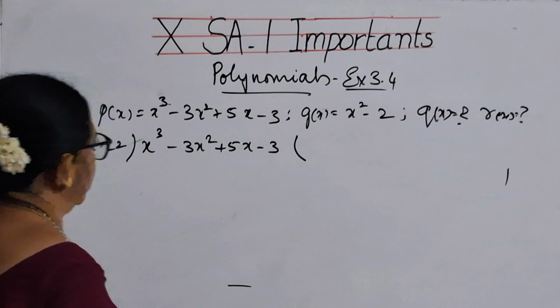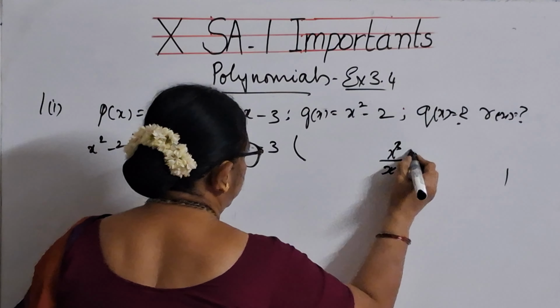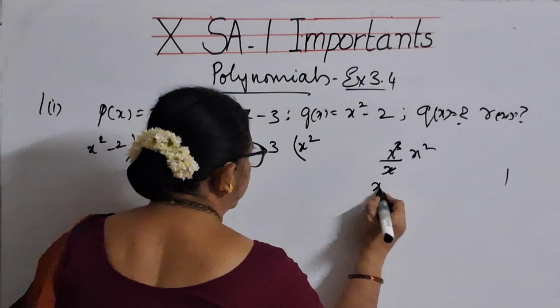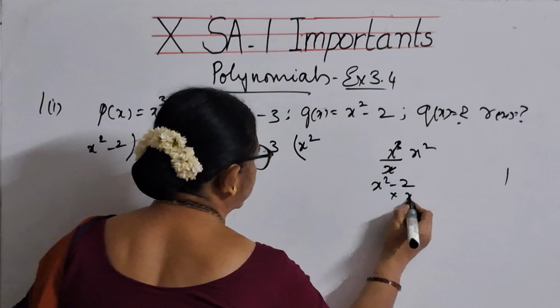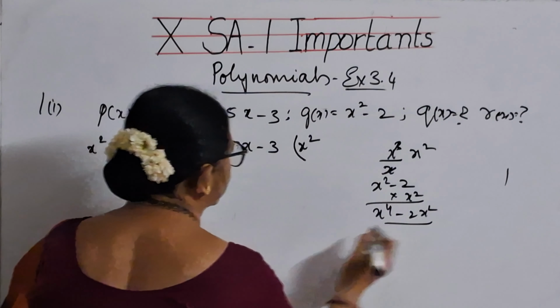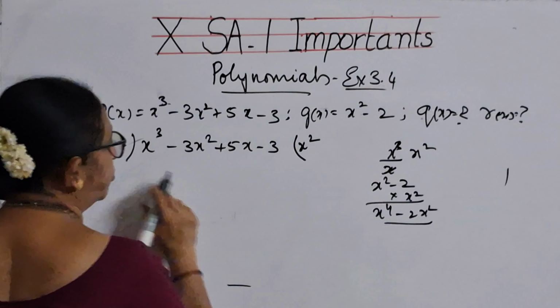Now I need to divide. What did I say earlier? X cube should be divided by x square, you are going to get x. Take x and multiply with x square minus 2. How much are you getting? X cube minus 2x. So you write down that x cube by x square.